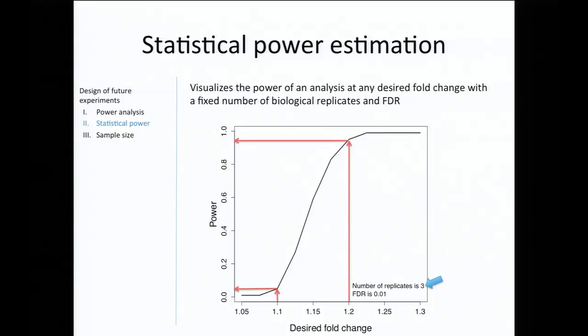And you can see in this case, for this specific data set, if you want to observe a fold change of 1.1, you actually only have a statistical power of less than 10%. However, if you go up with the fold change and say, okay, I also accept just being able to see a fold change of 1.2, you get up to a statistical power of more than 90%.